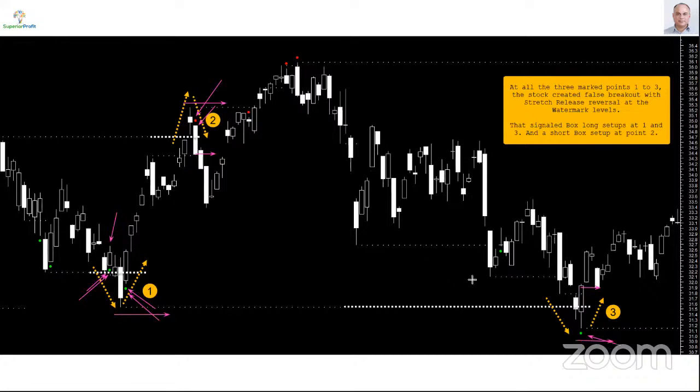And in case of box setup using stretch release, or intraday reversal setup using stretch release and pivots, we would like to book profit once the risk distance was covered. We would not wait because these are reversal setups. That's the difference between reversal setups like headwind, bounce, box, and trend following like go with flow and pullback.